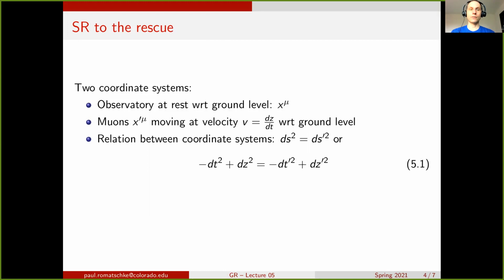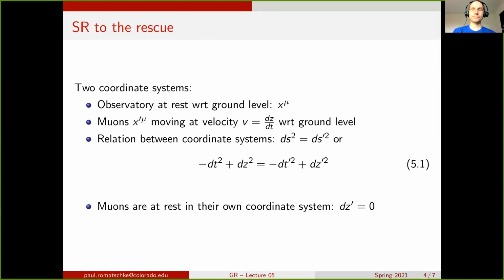We know that the relation between the 2 coordinate systems is given by the line elements, which are invariant in the 2 coordinate systems. If we assume that x and y for these coordinate systems are also the same, we find the relation for the coordinate differences in the unprimed coordinate system for ds squared and the primed coordinate system for ds prime squared. In addition, we take the muons to be at rest in their own coordinate system, so we can take dz prime to be 0.